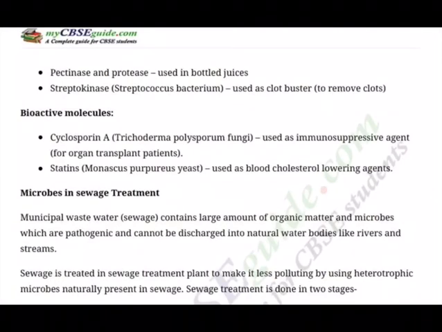And one more very important enzyme group, pectinase and protease, used in bottled juices for clarification. Another important one, very useful in the field of medicine, is streptokinase. It's obtained from the Streptococcus bacterium. It is used as a clot buster, meaning it will remove blood clots.